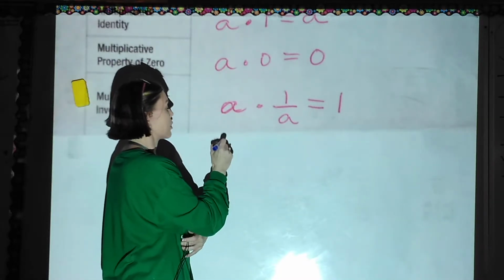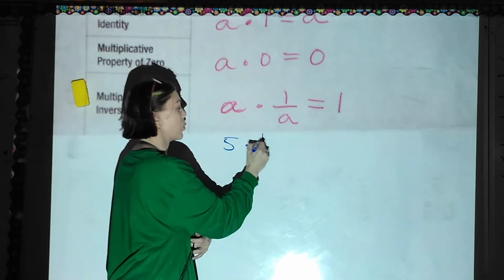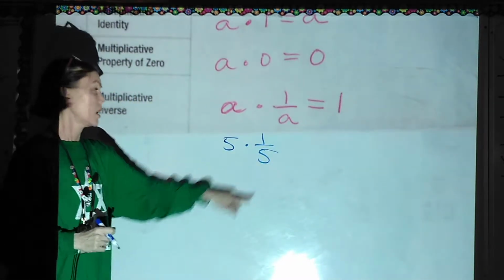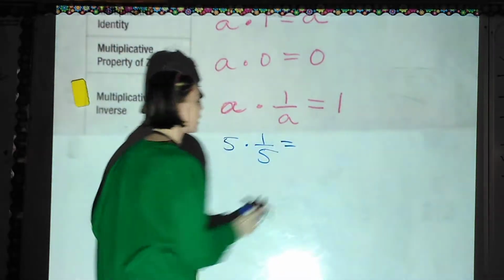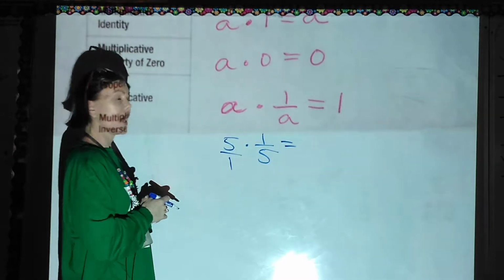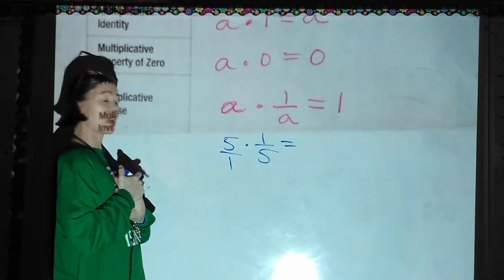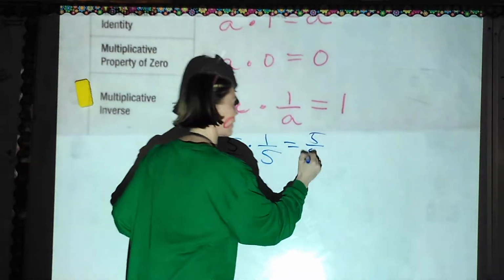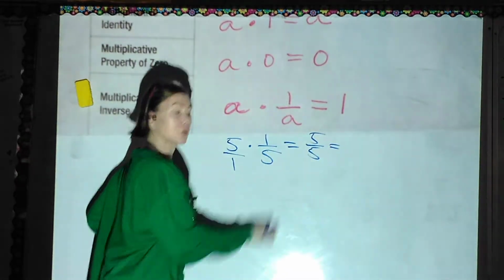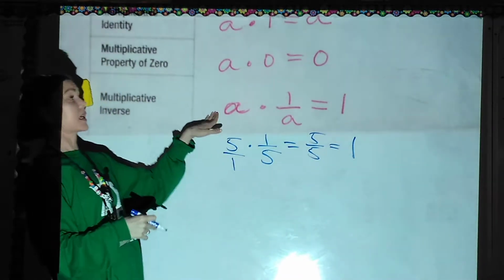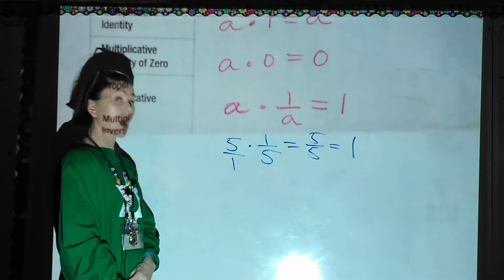If you have 5 times its multiplicative inverse, how do we do that? How do you multiply a whole number by a fraction? You just put the whole number over 1 and multiply the numerators and denominators straight across. So 5 times 1 is 5, and 1 times 5 is 5, and anything over itself is equal to 1. There you have it. That is the multiplicative inverse property.